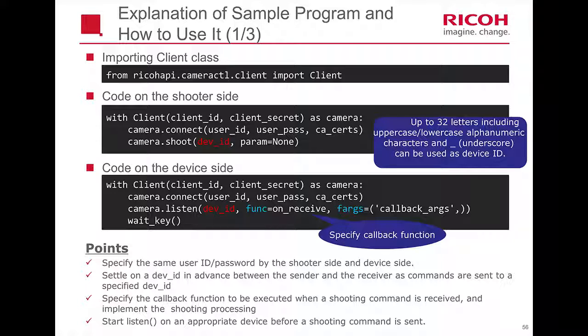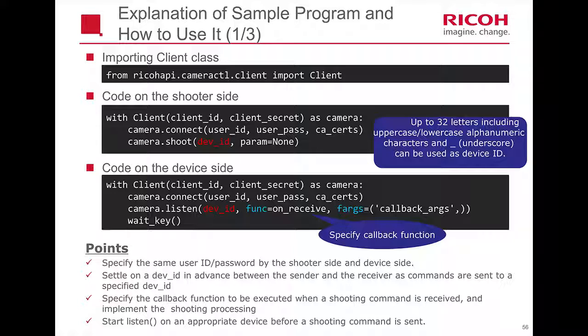When the connection is established, the shoot method is used on the shooter side to send the shooting command to the device specified with the device ID. In this case, the device ID is a user-specified arbitrary string. For the device ID, you can use up to 32 characters including uppercase, lowercase, alphanumeric characters, and underscore.